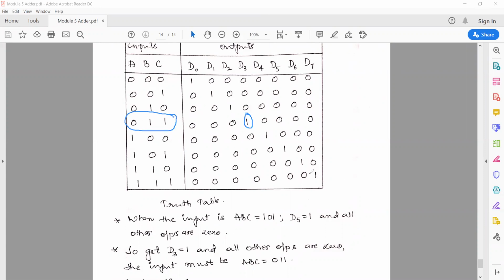If we want the output D7 equal to 1, then we must have ABC as 1, 1, 1. That is the concept of the decoder.